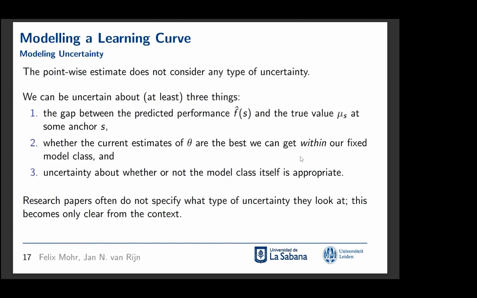The second one is, we're estimating parameter values. So we could also ask, what's our certainty or uncertainty about the optimality of our estimates with respect to the data that we've seen? We're committing, for example, to a specific model class, like the inverse power law with 3 parameters. We're estimating some single curve based on some data.